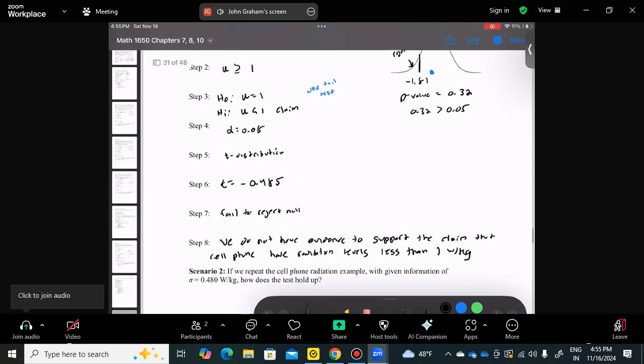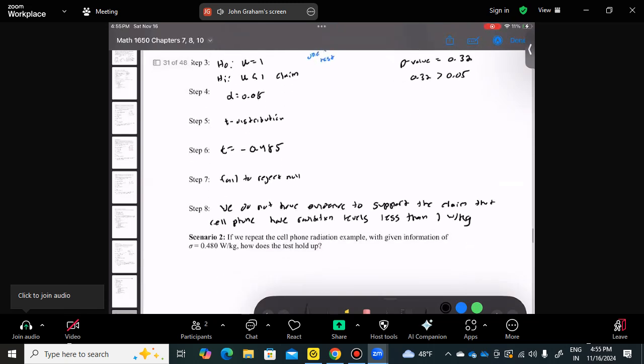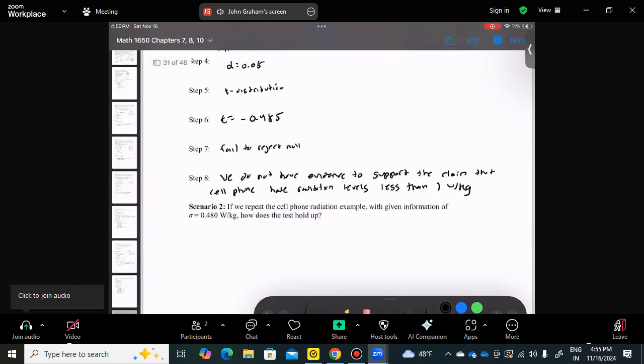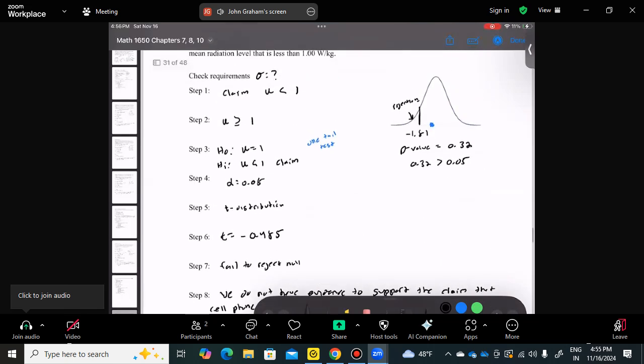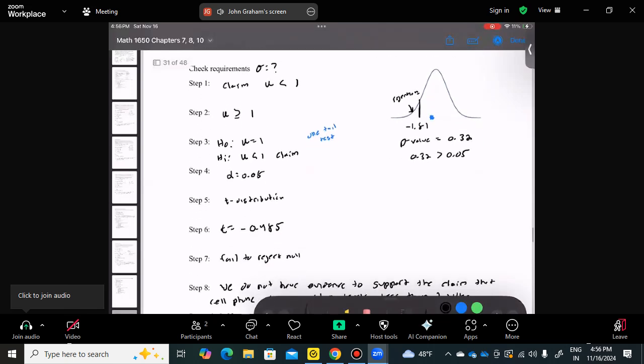Okay, so now we're going to see what happens if we repeat this with a standard deviation for the population of 0.48. See what it changes. So what does change that we know? The claim and the hypothesis test are not going to change. Significance level is not going to change. Step 5 will have a z distribution.